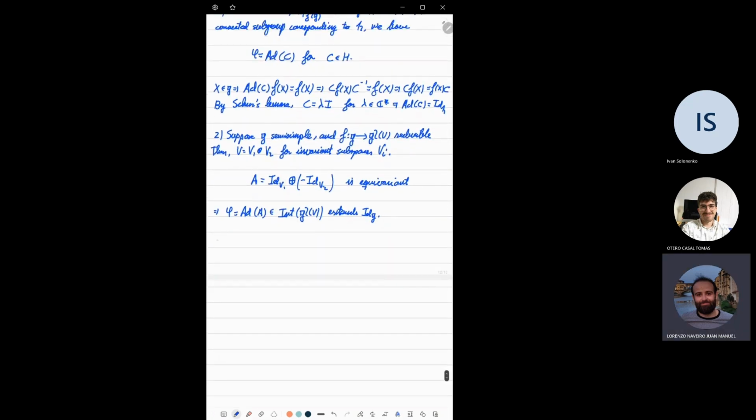So in the case that H is equal to SL(V), then simply choose C to be equal to the determinant of A to the minus 1, and change phi so that phi is now equal to Ad CA, which now is an inner automorphism of SL(V).